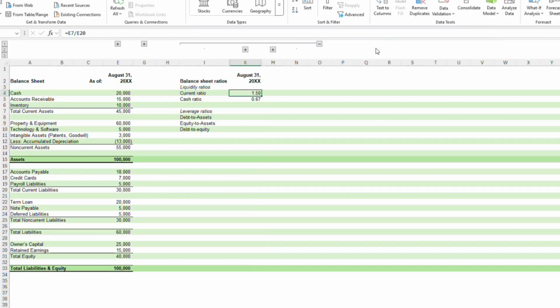Now, with the cash ratio, this is a more conservative description, and I'm going to tell you why. We're throwing out accounts receivable, we're throwing out inventory, and the reason that we're doing that is, well, one, there's no surefire way that we are 100% certain that we are collecting on all of that accounts receivable.